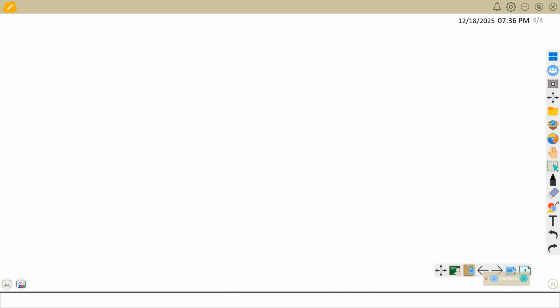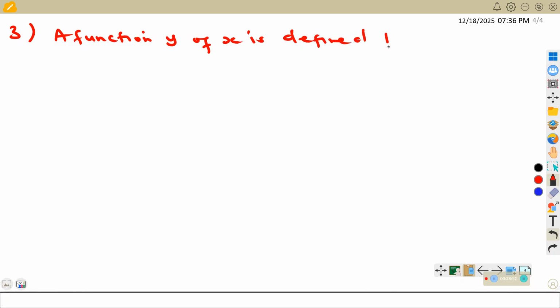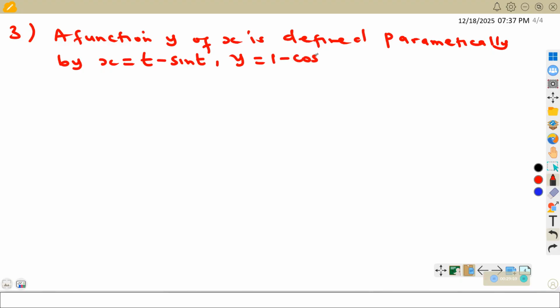So the question says, let me write it here. So we have a function. The question says a function y of x is defined parametrically by x equals t minus sine of t, then y is equal to 1 minus cos of t.